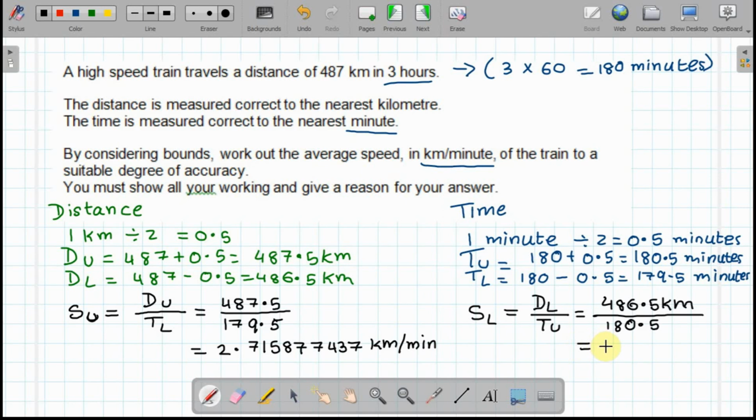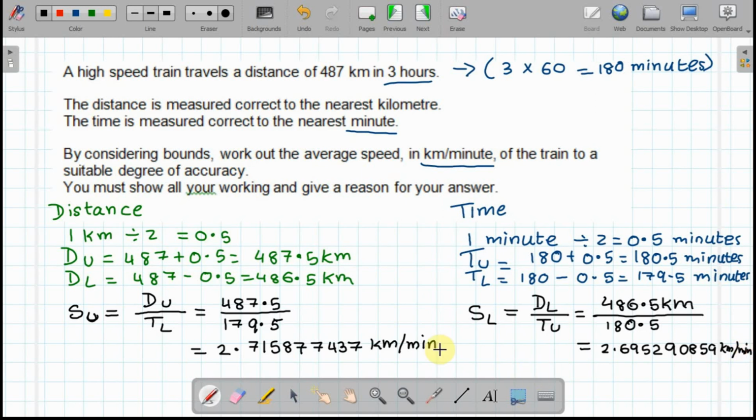That gives me also a long number, 2.695290859 kilometers per minute.